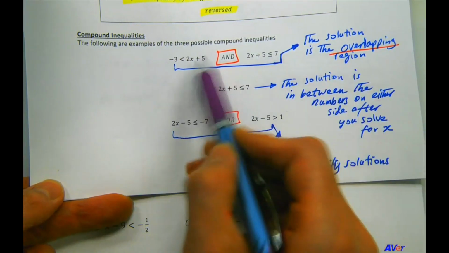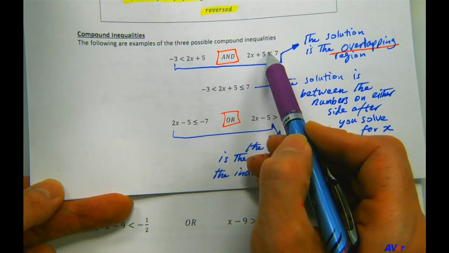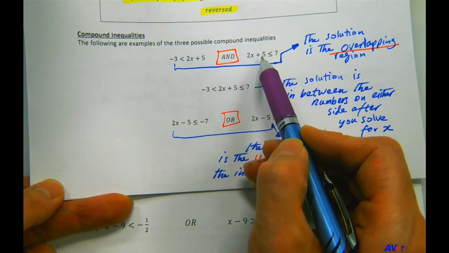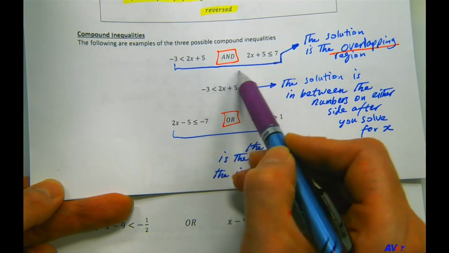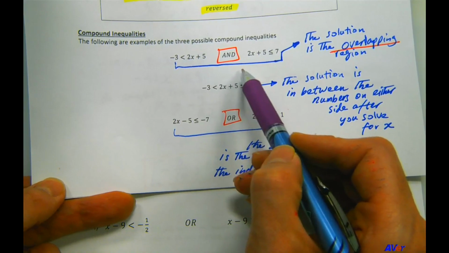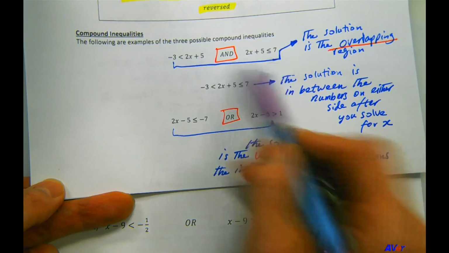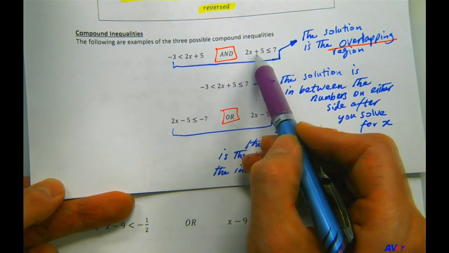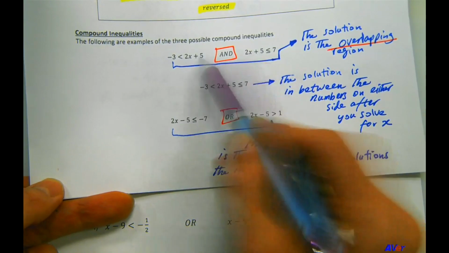So that means we solve each one individually, and the final solution is wherever those two individual solutions overlap. What happens if they don't overlap? Then there is no solution. Why? Because we have this and that, so our final solution must satisfy both of those inequalities.